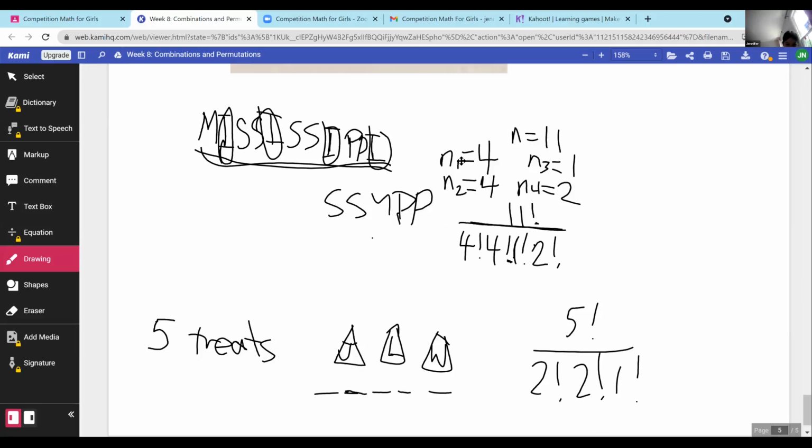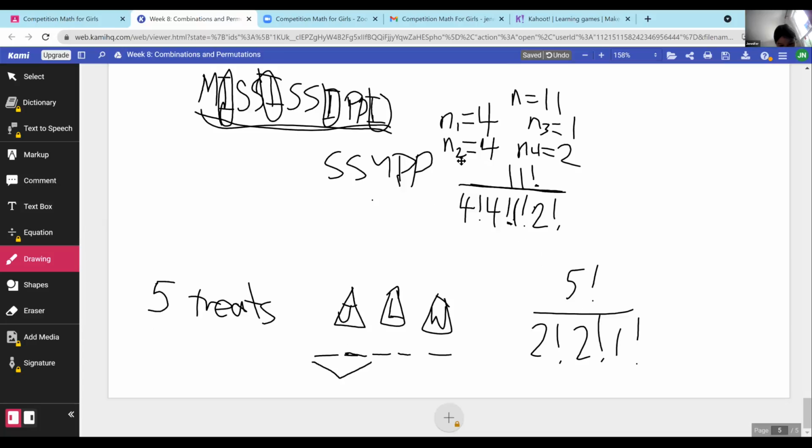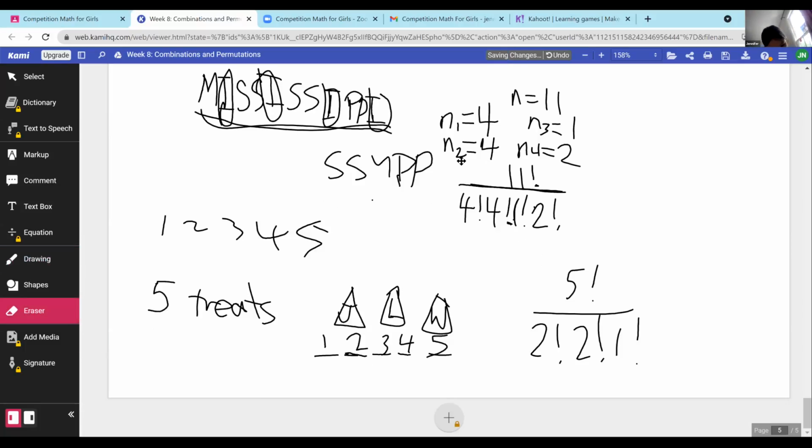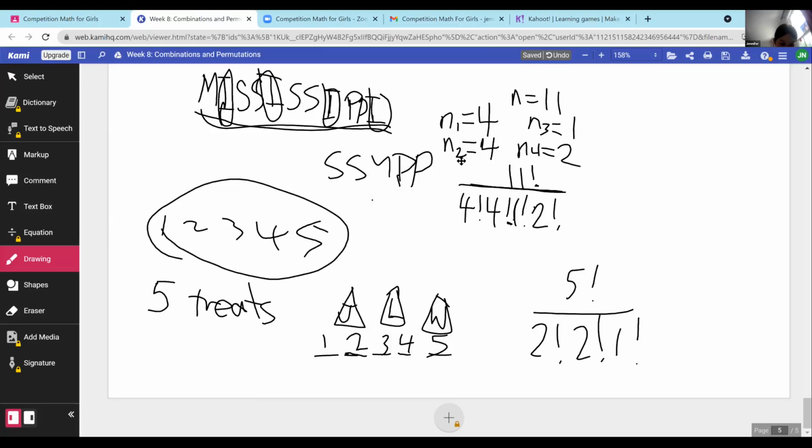As you see, 2 treats are of the same type if they go to the same person. So let's label the treats 1 through 5. For instance, if you make it like this, that can be a way where J gets 1, 2, L gets 3 and 4, and W gets 5. But there's actually 4 ways to permute these numbers where you get the same grouping.